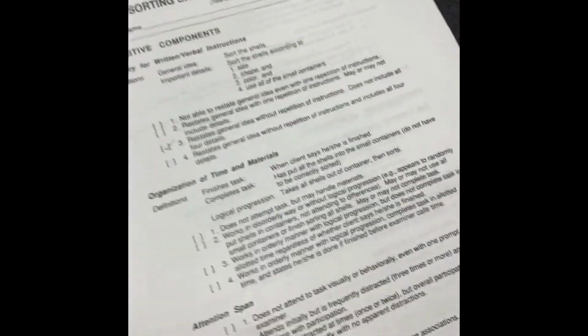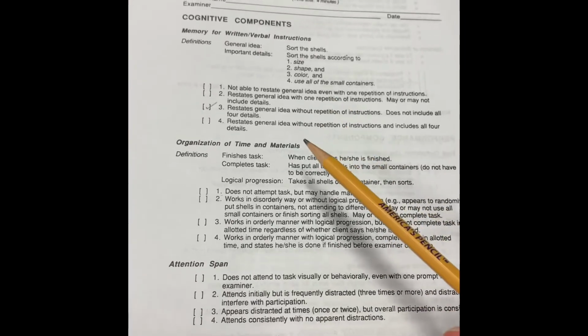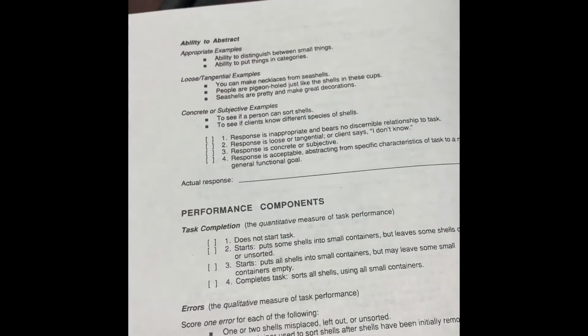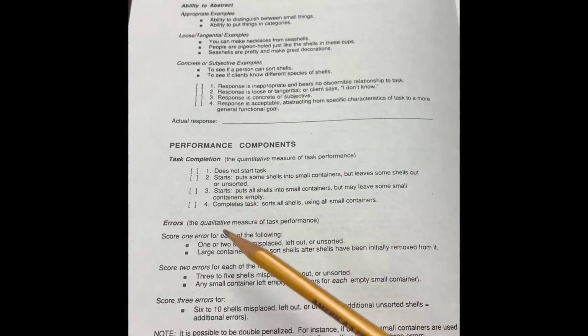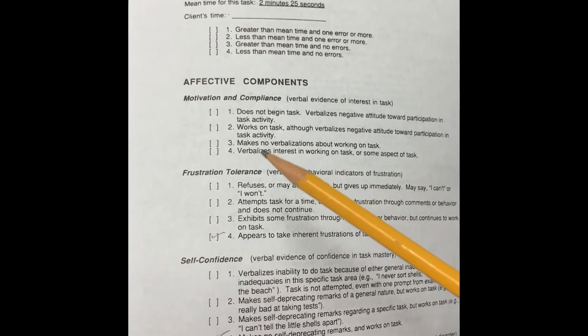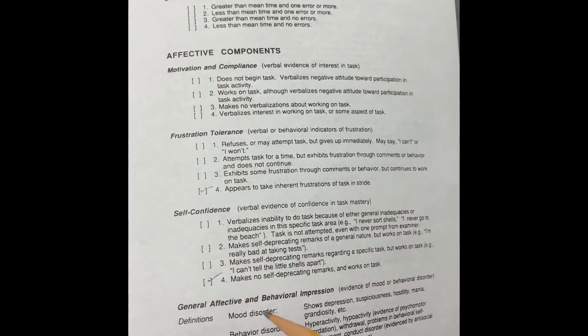So after the test is over, I will grade Abby with this rating sheet. It grades her on different categories: organization of time and materials, attention span, evidence of thought disorder, ability to abstract, and then there's performance components: task completion, errors, efficiency, motivation and compliance, frustration tolerance, self-confidence, general and effective behavioral impressions.